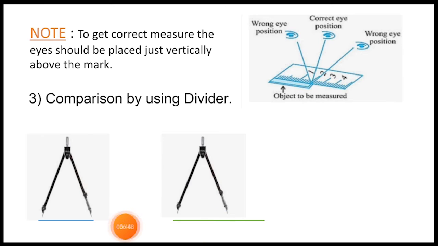So you can say that this green line segment is larger as compared to this blue line segment, meaning we can say the green line segment is greater than the blue line segment which is drawn.